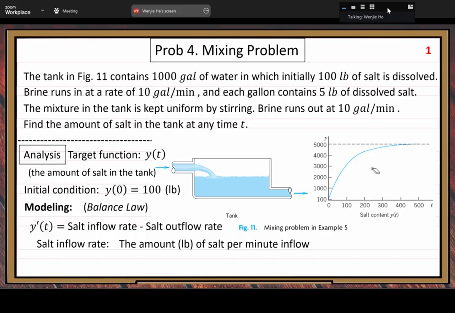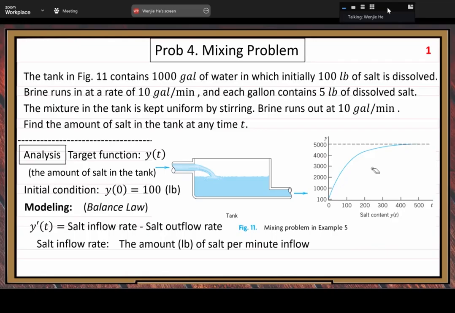For a rate we need an appropriate time unit, and here we use minute. In 1 minute, how much salt flows in?